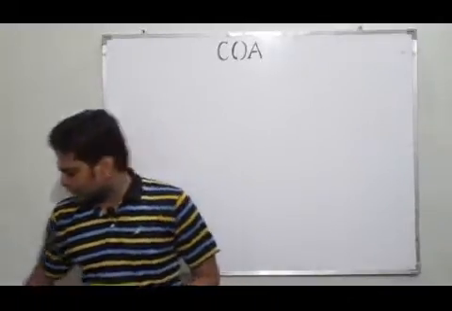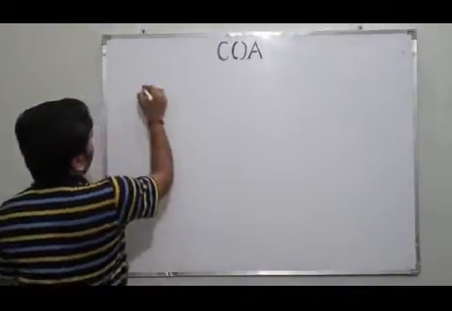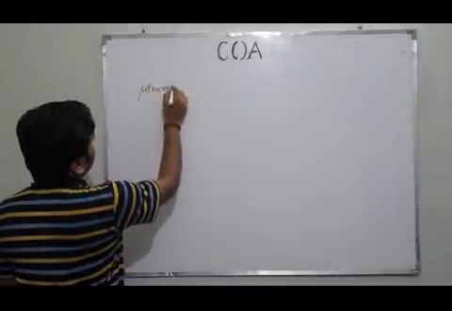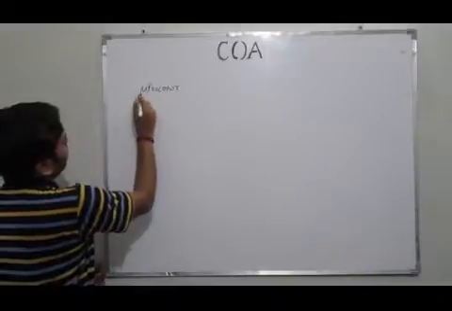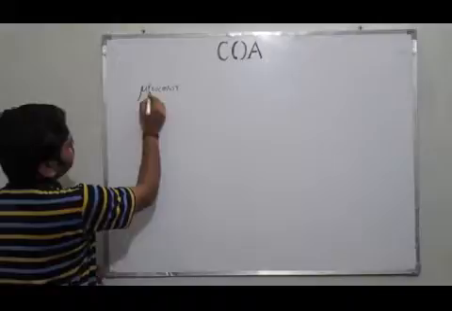So, what is a microprocessor? Let us understand that. A microprocessor is basically written as mu, that is micro, and then processor.